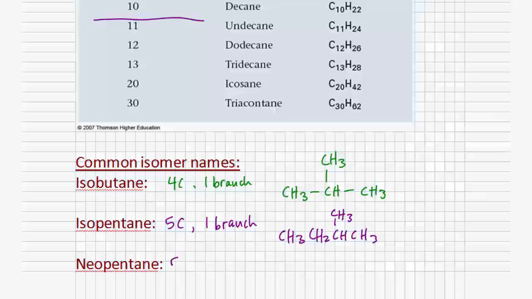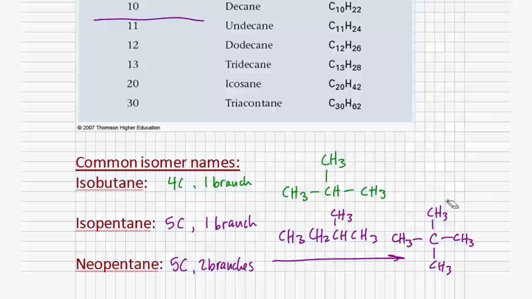Neopentane has 5 carbons, but now 2 branches. So the way I'll draw neopentane over here, I'll draw just a C in the center, and then 4 CH3s coming off of it. So we call this neopentane because there's 2 branches.